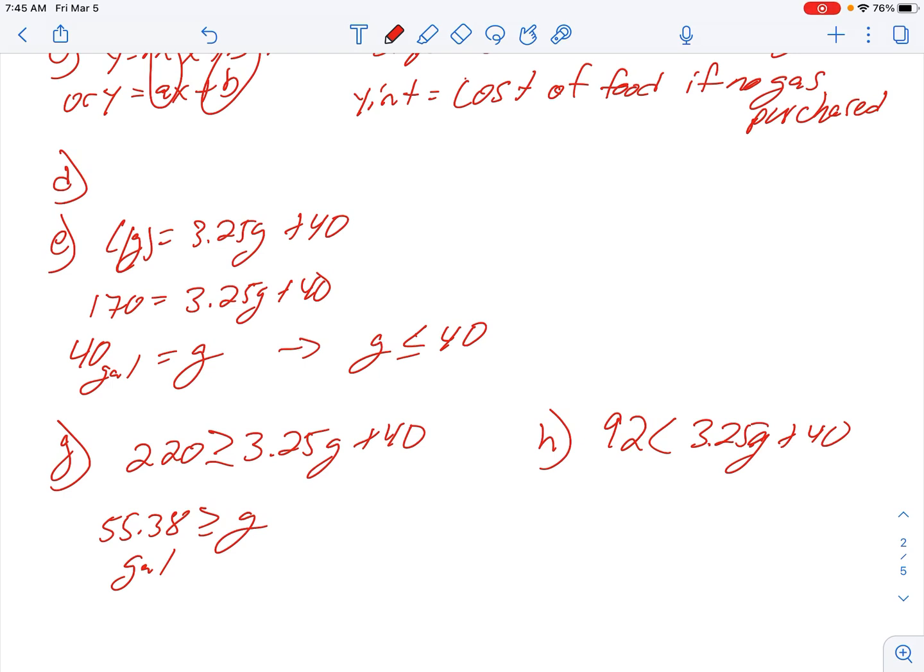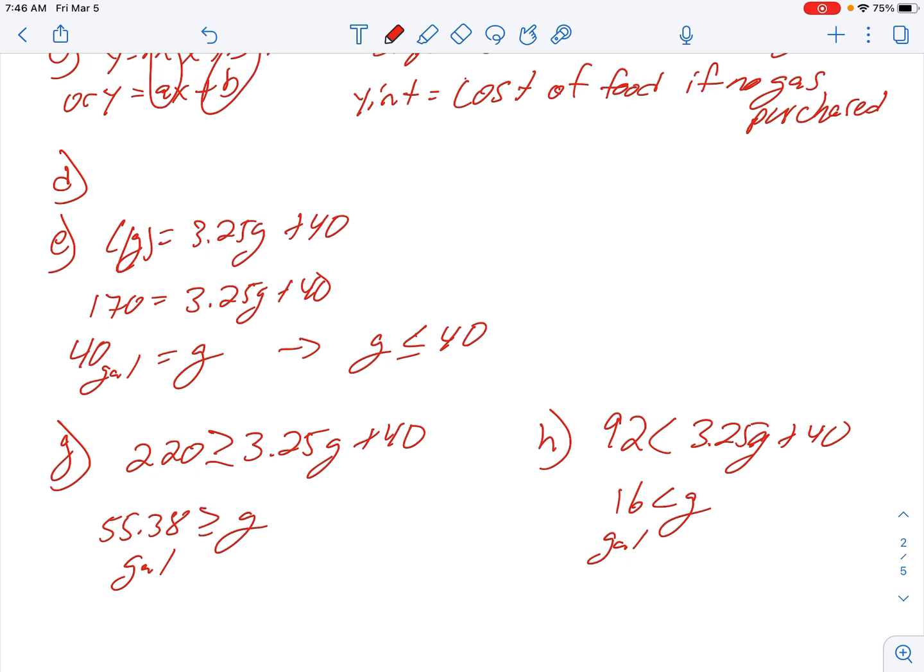And 52 divided by 3.25, it means he could have bought 16 gallons or more. Okay, I shouldn't say at least, because he did spend over 16 gallons, because there is no equal to that. So he for sure went over 16 gallons, and that resulted in him spending more than $92.